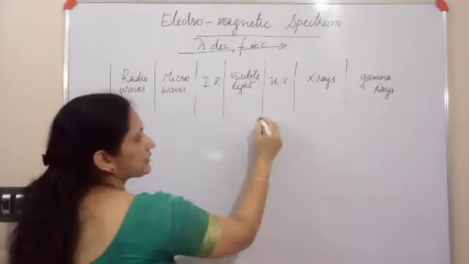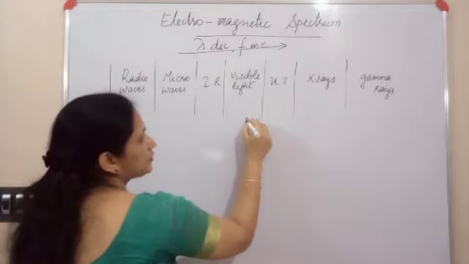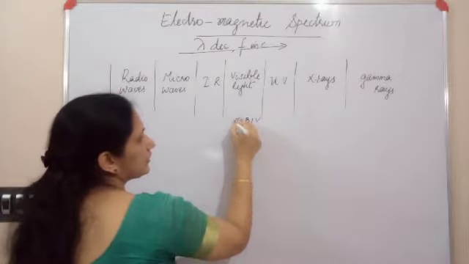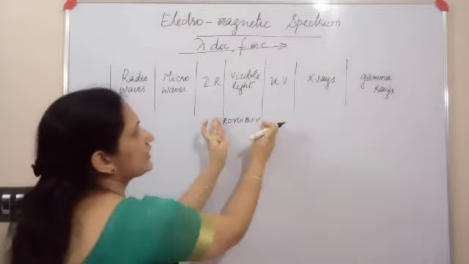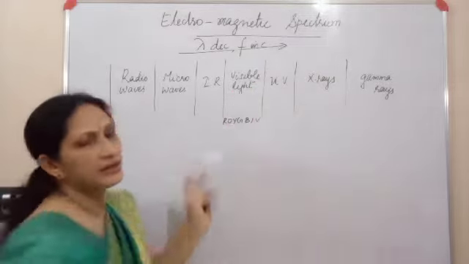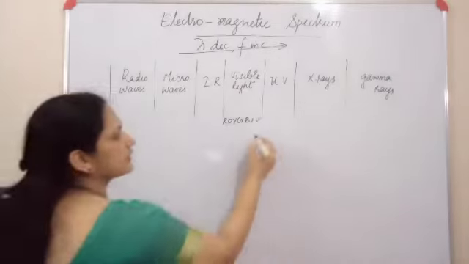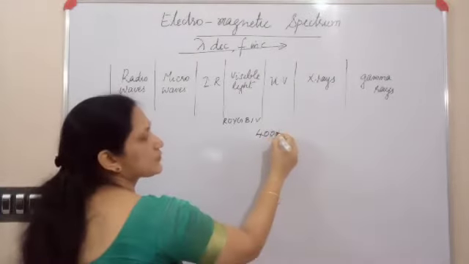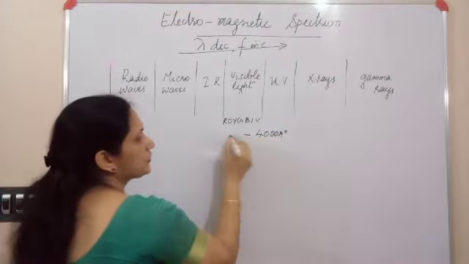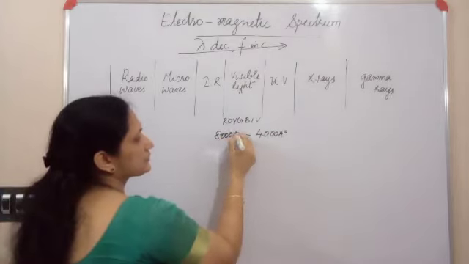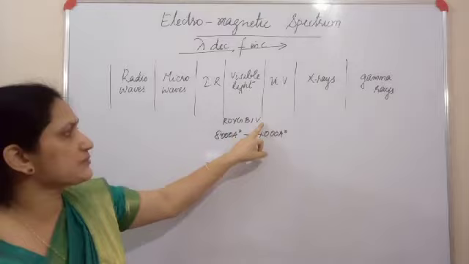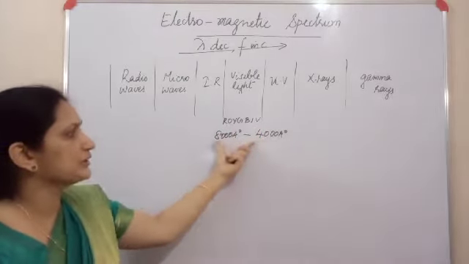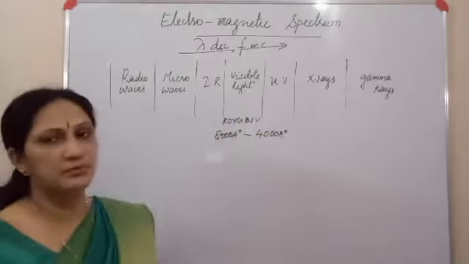Violet, indigo, blue, green, yellow, orange, red. These are the 7 colors of visible light, and its wavelength range is from 4000 angstrom to 8000 angstrom.